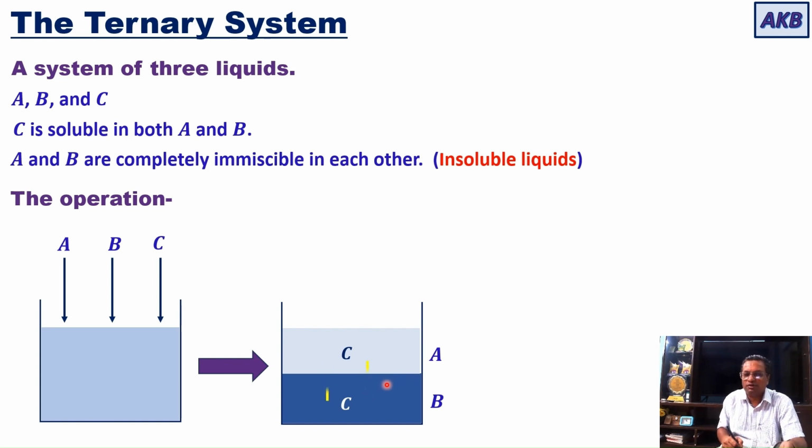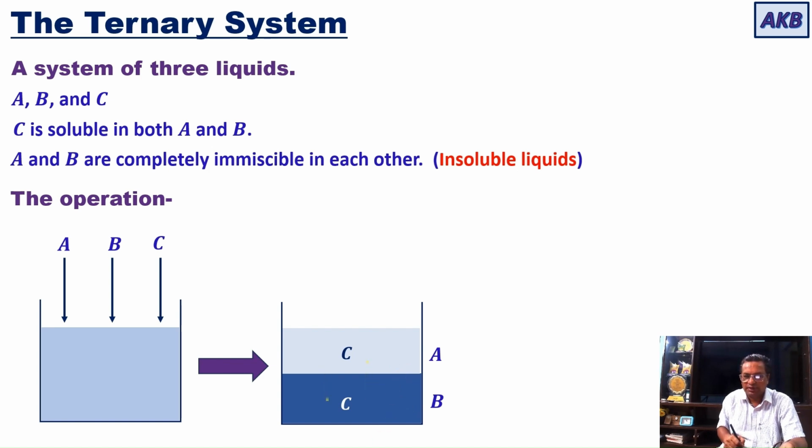Why dynamic equilibrium? Because C is transferring across the interface between the two layers, but there is no net transfer of C across the interface. What is the reason for that? The reason is that the rate of transfer from one phase to the other is the same as the rate of transfer from the second layer to the first layer.